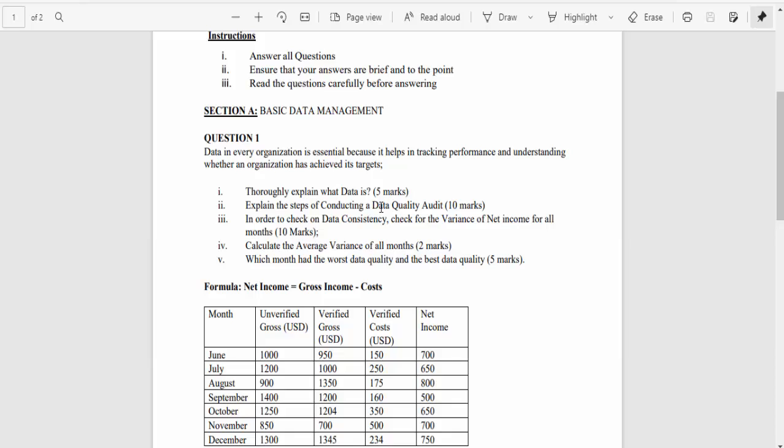Before you undertake a data quality audit, you need, of course, to send notification to the institution or to different staff members who will be part of the audit.